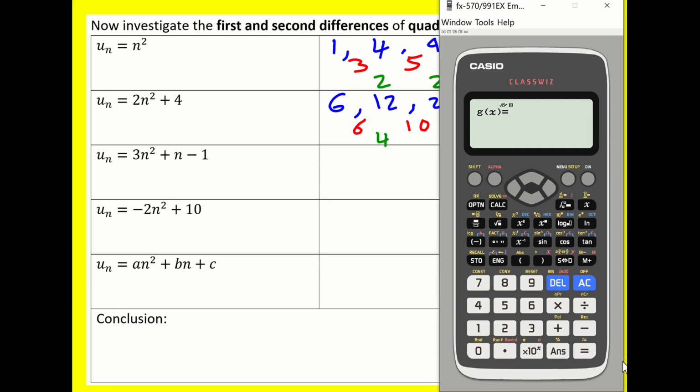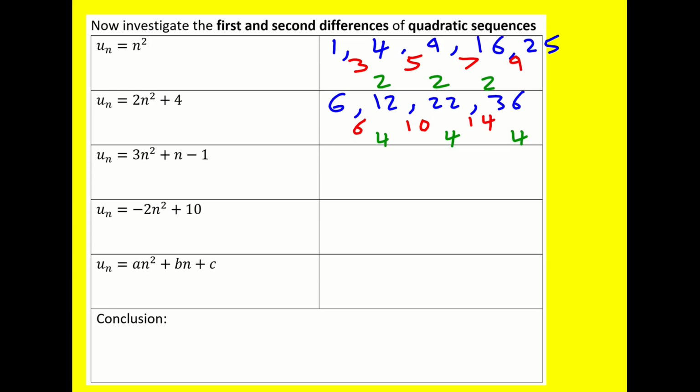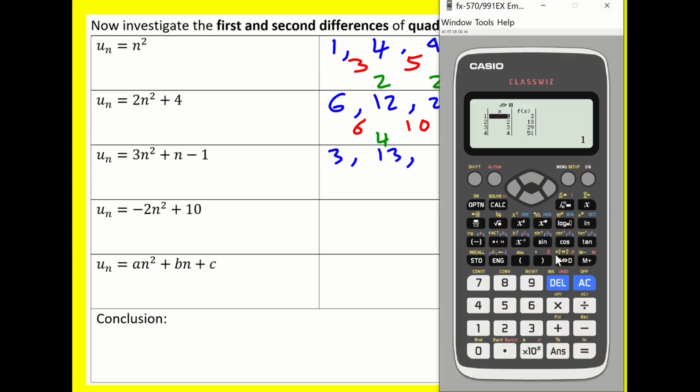And then I'm not interested in that function. I want to start at 1, end at 5. That sounds good. And I'm going to get 3, 13, 29, 51, and 79.